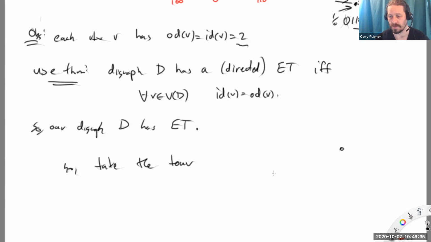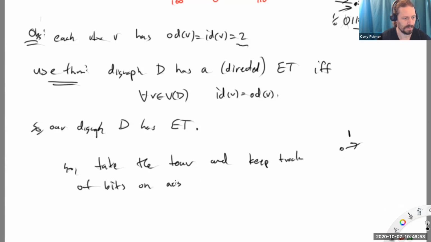On my Euler tour, every step that I take, record the value on that arc, and keep track of bits on arcs traversed.